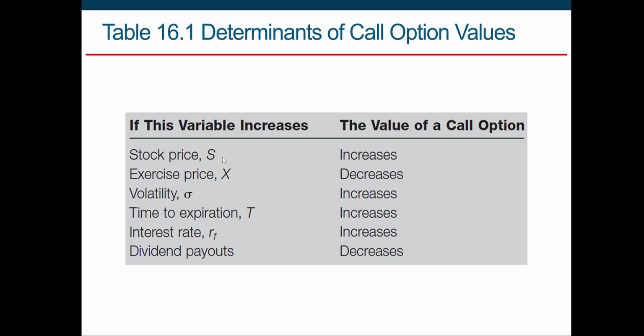You basically make more money when the stock price goes up. So obviously, the higher the stock price, the greater would be the price of the call option. The payoff of call option is also ST minus X. So higher the ST, the higher would be the payoff, higher would be the profit. So higher the stock price goes, the greater would be the price of the call option, right?